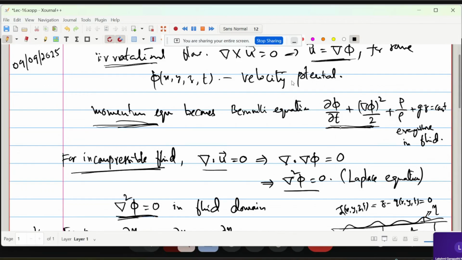So you may solve for many phi's and come back and see that the pressure p need not be linear, because p is given in terms of grad phi squared and dou phi by dou t. If you have dou phi by dou t alone, it is linear. If you linearize this Bernoulli equation, then p may be linear, whatever phi you solve.